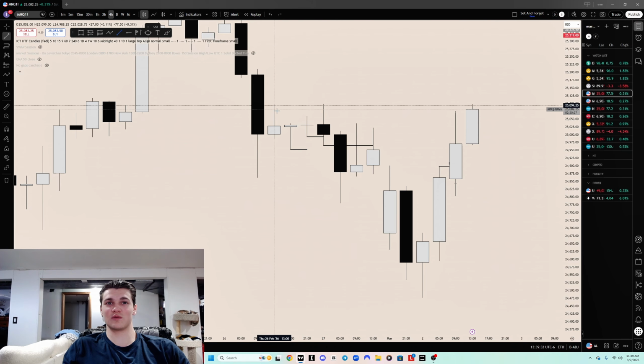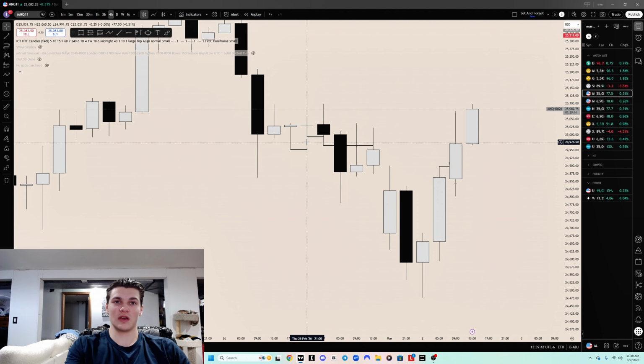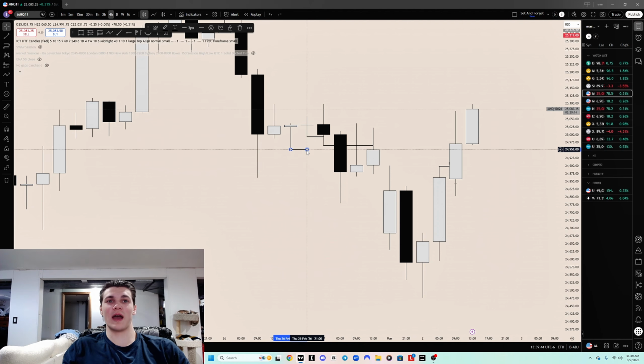Like, let's say this wick right on this candle is down here. So this would not be a valid POI because it already taps into this candle's range. You want to see the POI tap only into the candle that broke out from that range. And then obviously this one wouldn't be valid either, because look, it taps into here.